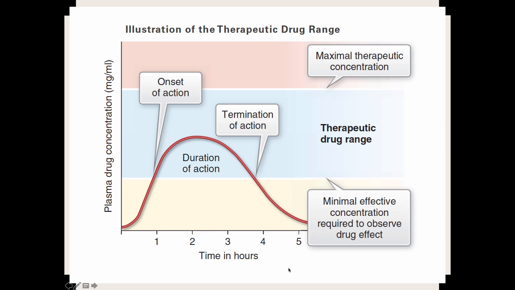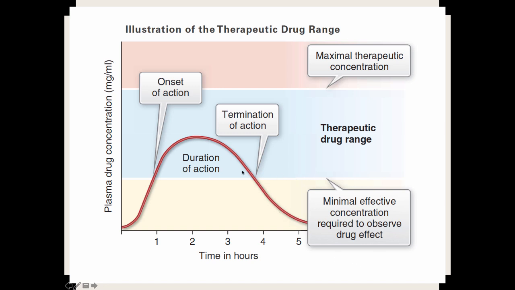And here's the half-life, here's the area of action. I want this peak to be in this blue area, this therapeutic drug range, right? So, onset of action, I get this peak, and then we terminate this action.